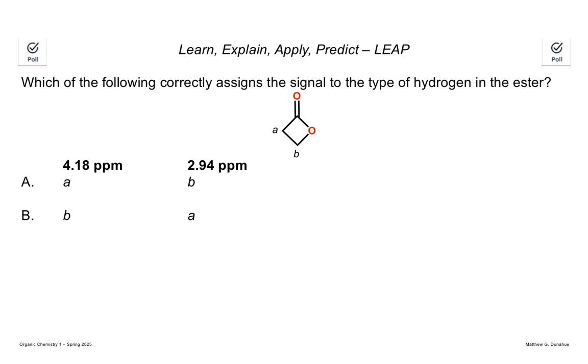So B would be the correct answer. For carbon, the hydrogens on carbon B, you've substituted an oxygen. So that's going to really push it past 3. Then you've done this other substitution of a CH2 group. So that's going to get you to 4.18.